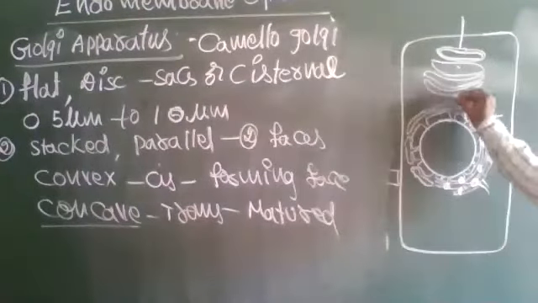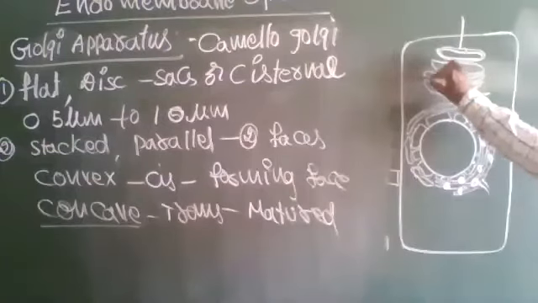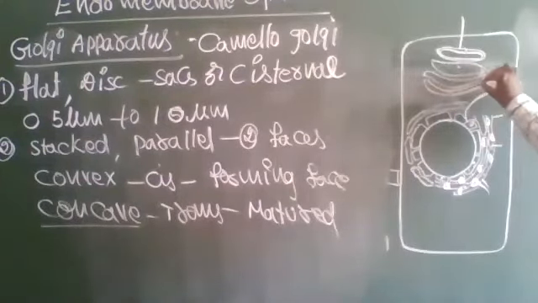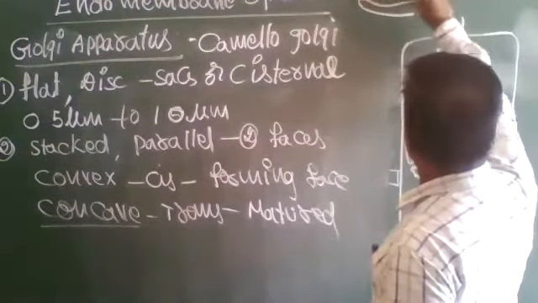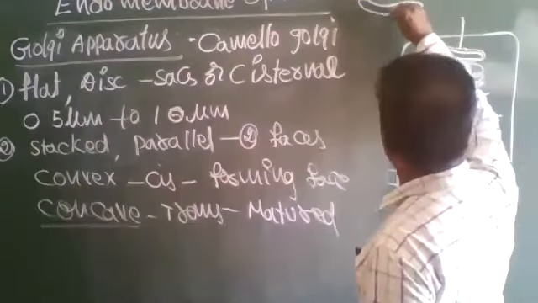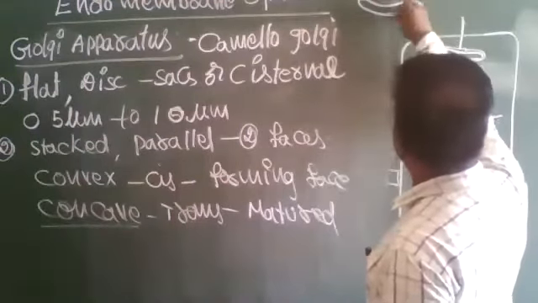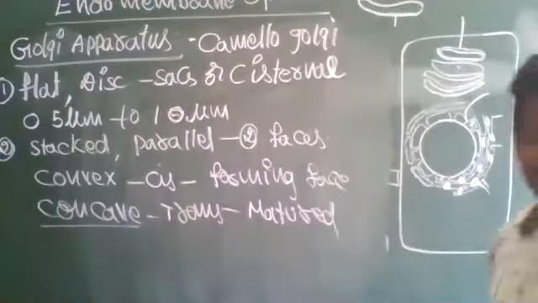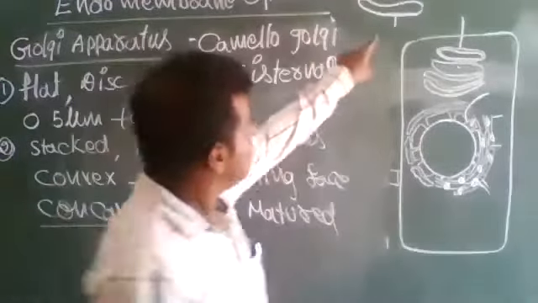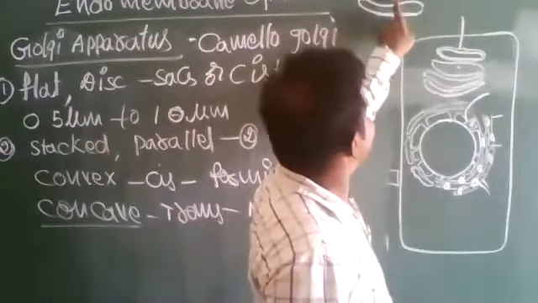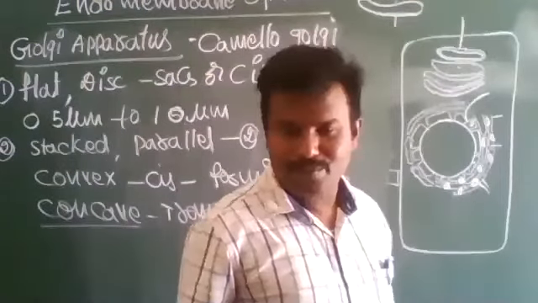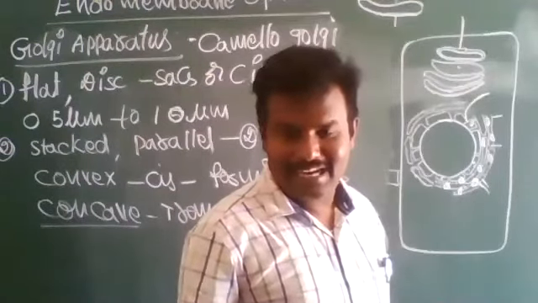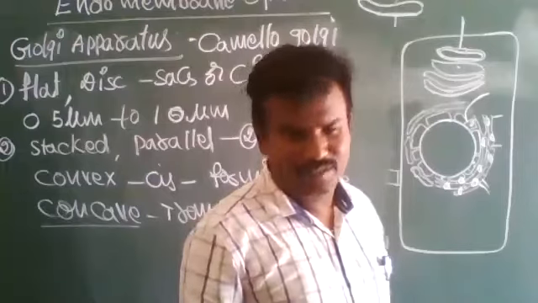Convex is the forming phase. Concave, trans, is the maturing phase.